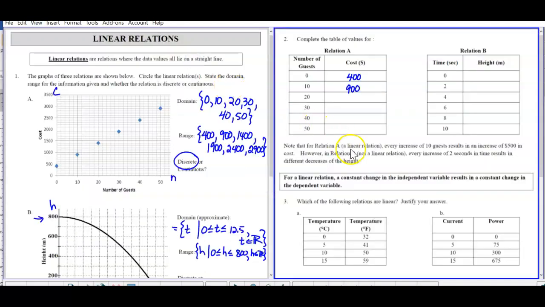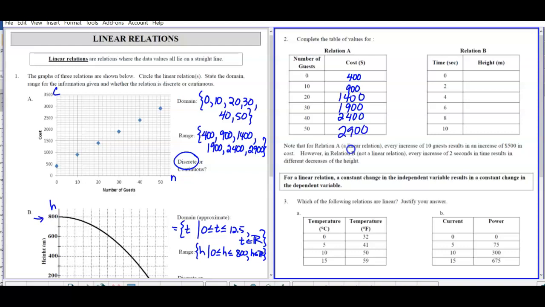Then we can look across here. 20, if you look at your graph, is 1400, and then 30 was 1900, then 2400, and then 40 was 2400, sorry, 50 was 2900. I think there was an error on the answer sheet on that.